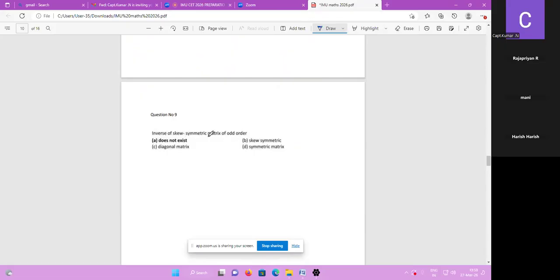Inverse of a skew-symmetric matrix of odd order. The first point: what is a skew-symmetric matrix? A skew-symmetric matrix is nothing but A equal to minus A transpose. That's all.